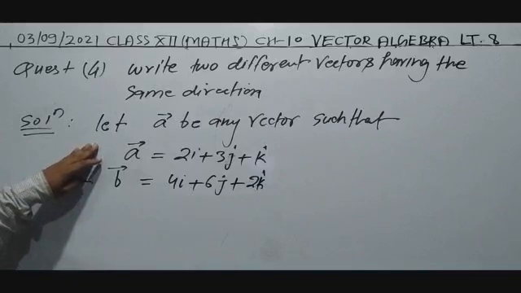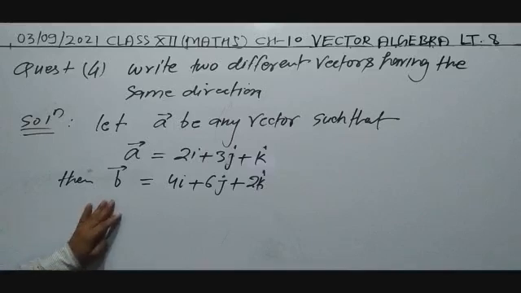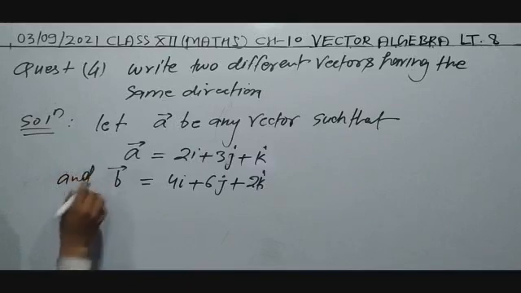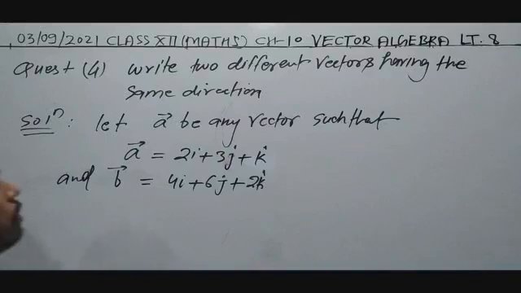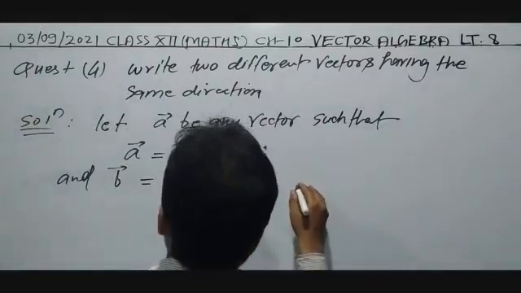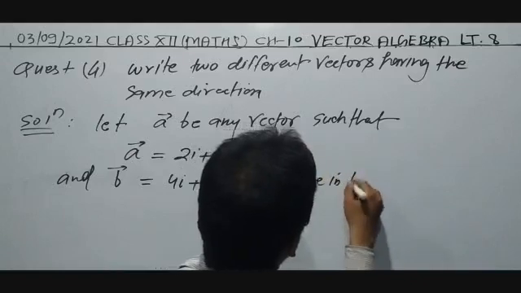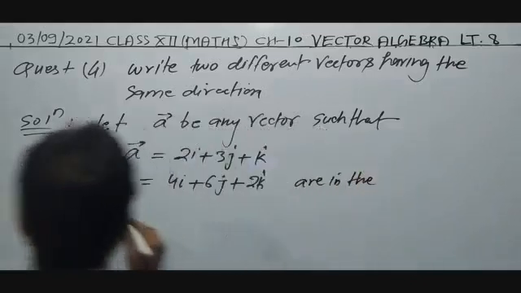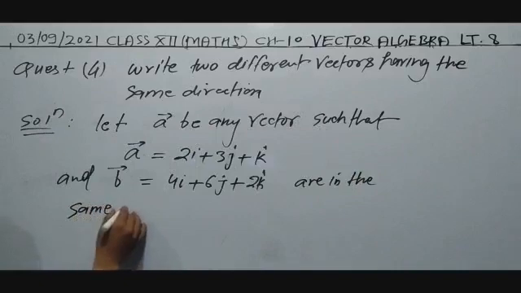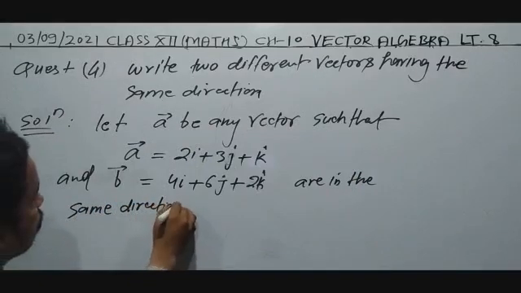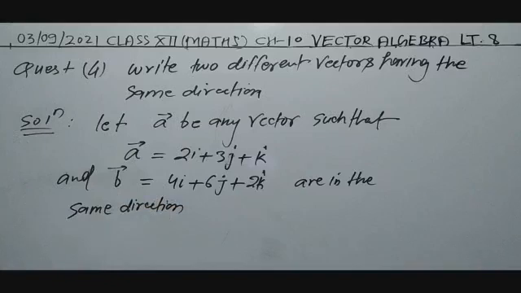Vector B is equal to 4i plus 6j plus 2k, and vector A is 2i plus 3j plus k. They are in the same direction.